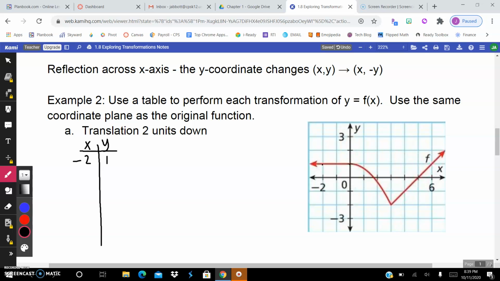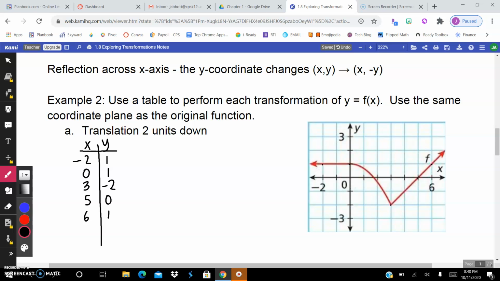This point here is over 0 and up 1. And another point would be down here, which looks like over 3 and down 2. And this one here is over 5 and up 0, and then over 6 and up 1. So I just picked some points off of that graph.